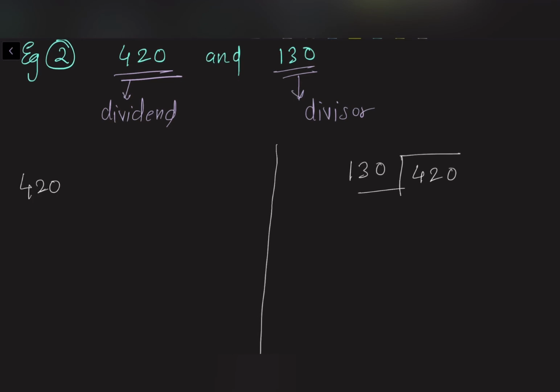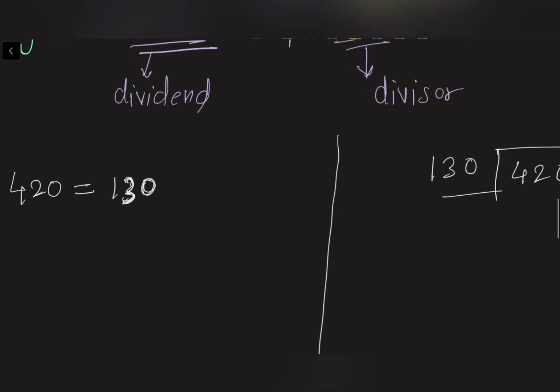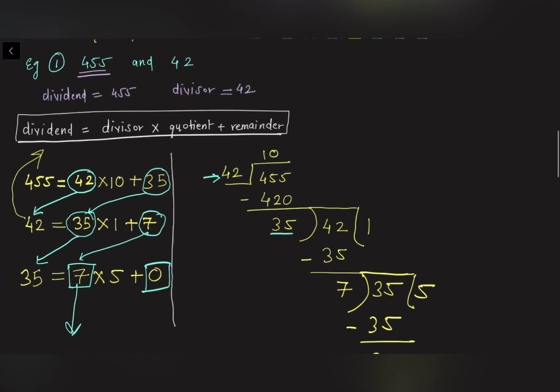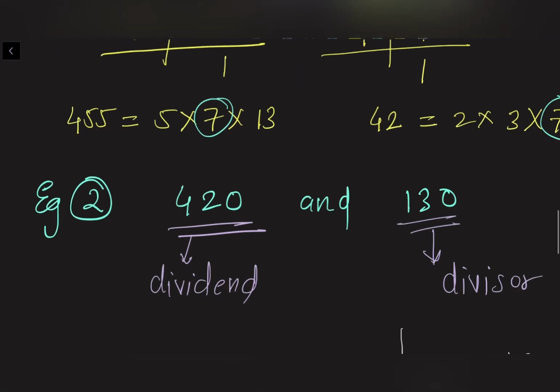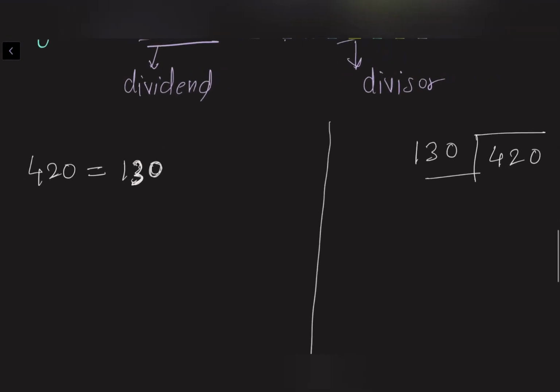420 and this is 130. So by now you should be able to write in this form, okay, without looking at the formula. You should be able to write directly in this form.